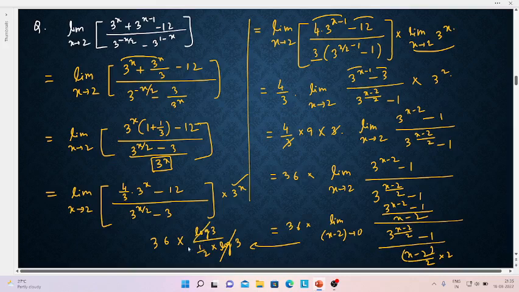So log 3 will be cancelled out, and 36 times 1 upon 2, which is 36 into 2, is nothing but 72. So the value of this particular limit is 72.